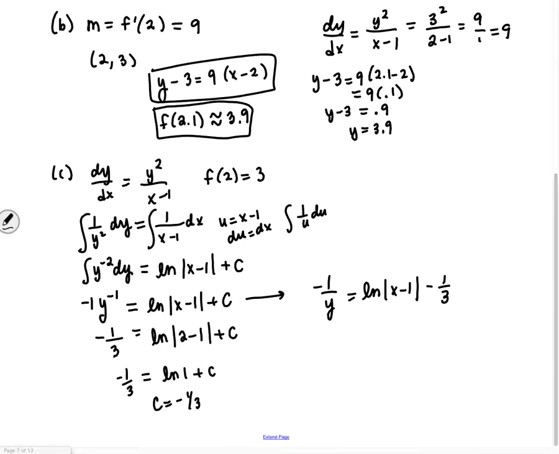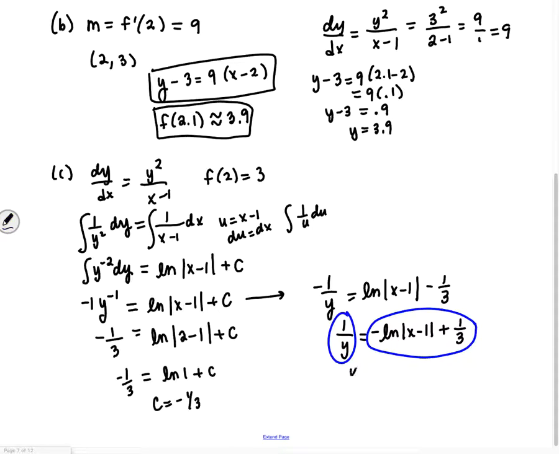Okay, so it's a little tricky to solve this one for y because it involves a reciprocal. So what I'm going to do is first take care of that negative. So I'm going to have 1 over y equals natural log of the absolute value of x minus 1 with a negative out front, and then plus 1/3. And then I'm going to take the reciprocal of both sides. So I'm going to flip this side, and I'm going to flip this side. So it's going to look really weird.